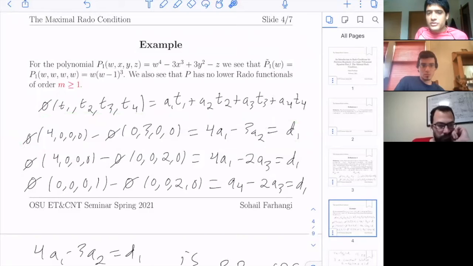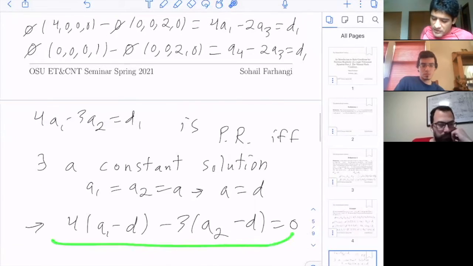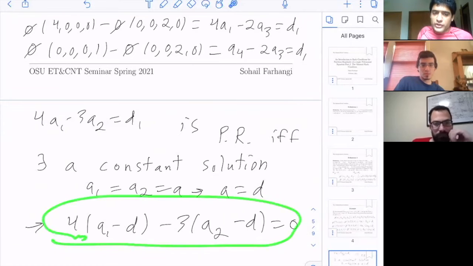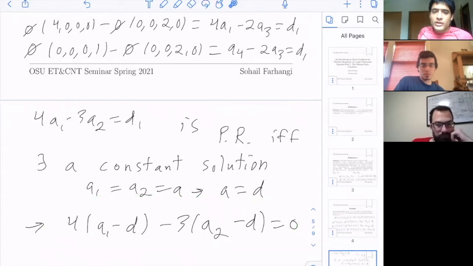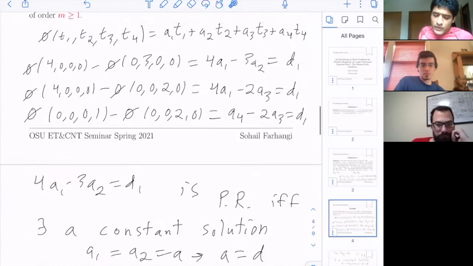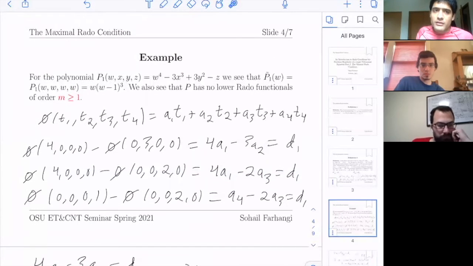And now you just repeat this for every possible pair of elements in the support of this polynomial. And you could see that because I chose these exponents in such a way that by the time you get to this point, the traditional Rado theorem is going to assert that there are no solutions. You will not obtain a lower Rado functional of order 1.